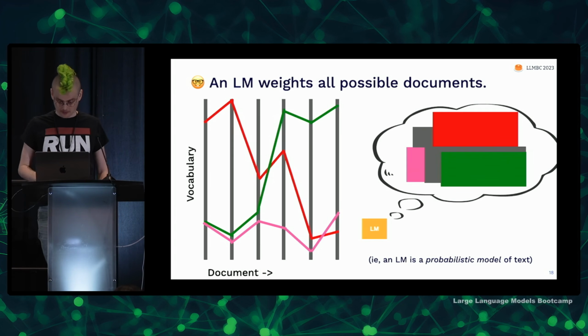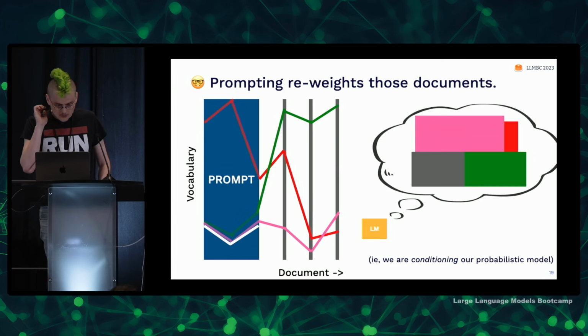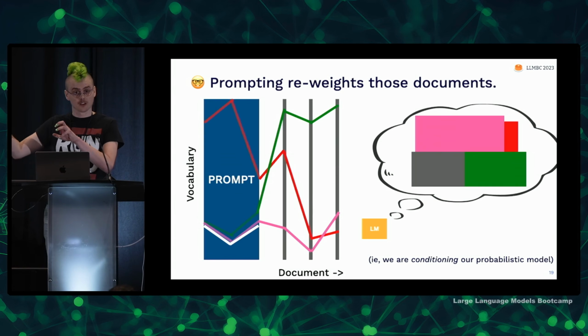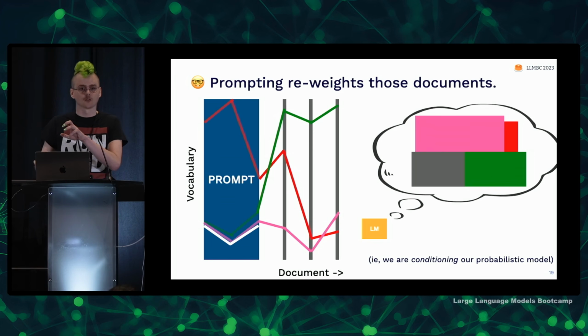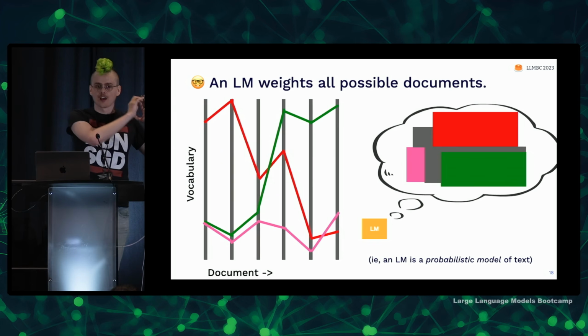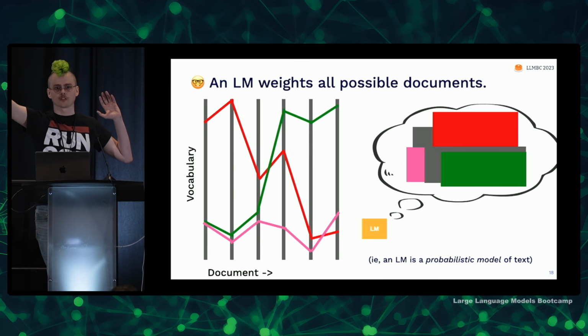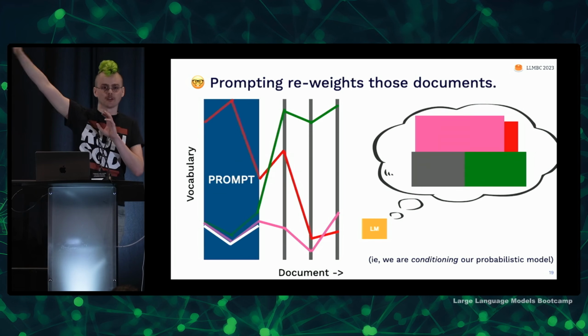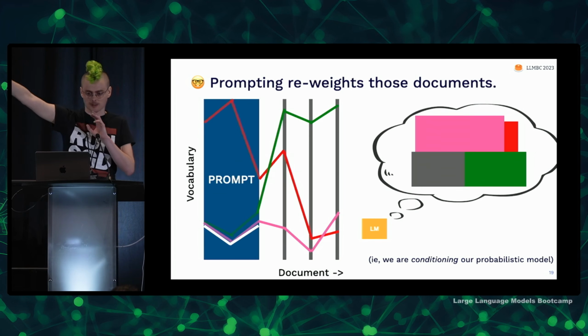And prompting, adding text into the language model and then asking it to continue generating from there, reweights those documents. We've put in a couple of words, and now the language model is predicting all the words that are going to come after that in the document. That's the probability it assigns to the rest of the document.